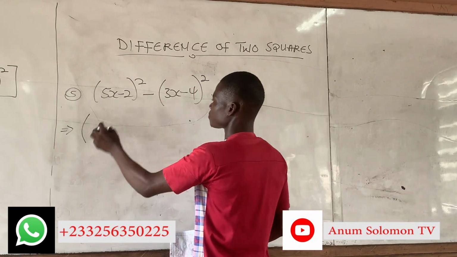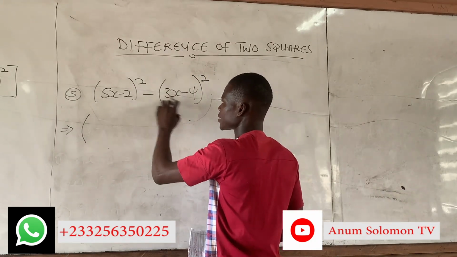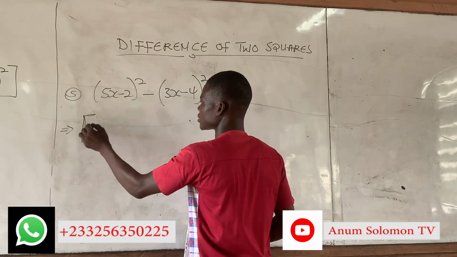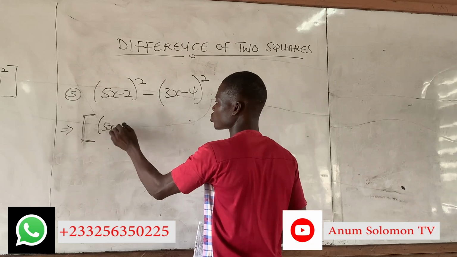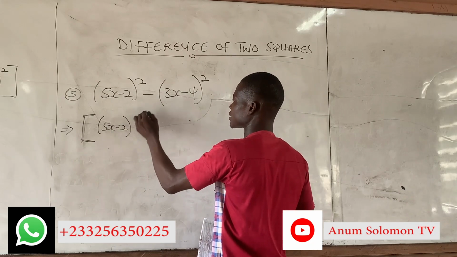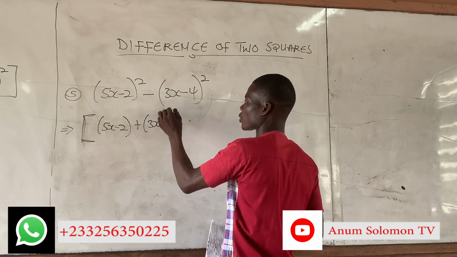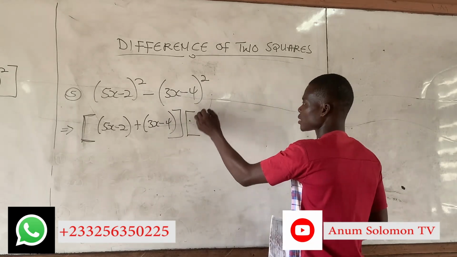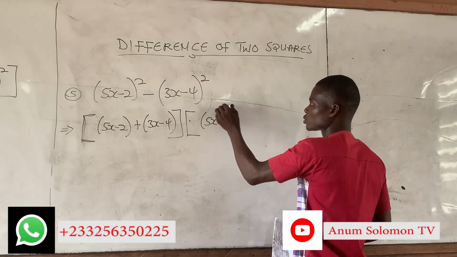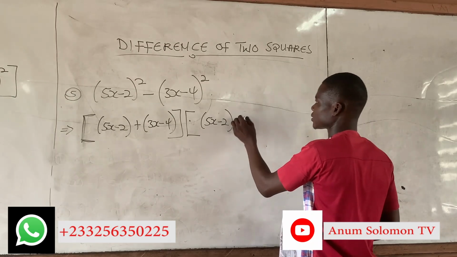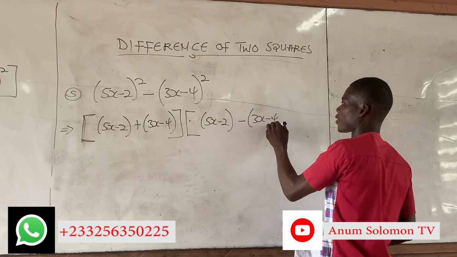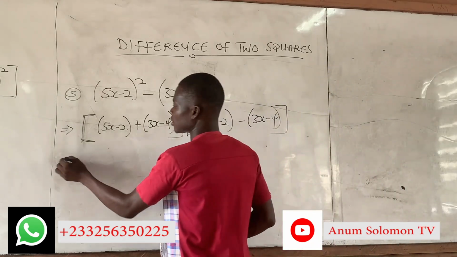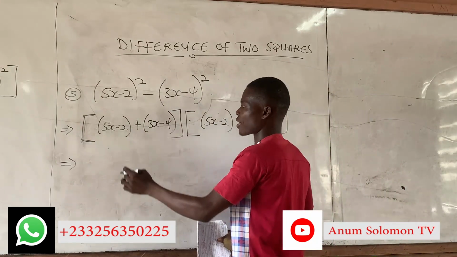We have the sum of the bases, that's 5x minus 2 plus 3x minus 4. That's the sum, times the difference, 5x minus 2 minus 3x minus 4. Now let's simplify.